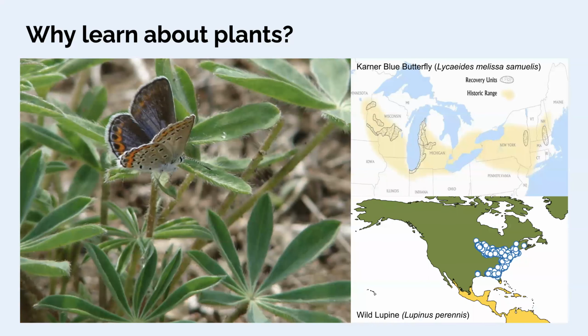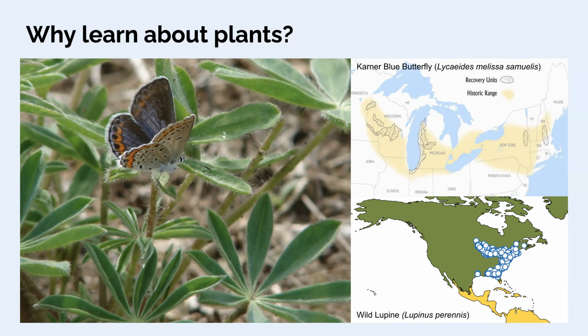Another one, I mentioned this rare plant a couple slides ago at the beginning. And this is an instance of a rare animal. This is a butterfly. And again, if you're not coming into this class having a great interest in plants, this might be a reason to be interested in plants. If you want to study this butterfly from a conservation perspective, butterflies and other animals need food products.